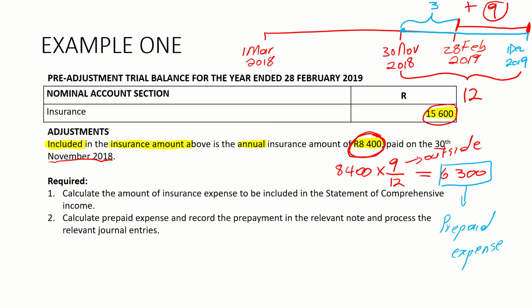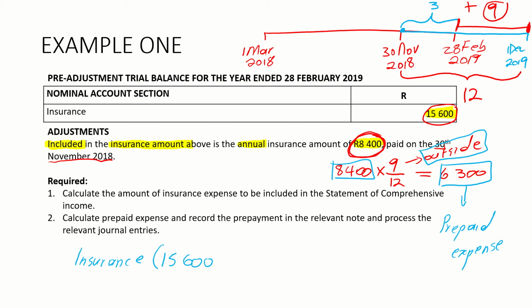Meaning that our total insurance amount of 15,600 must be adjusted. We only minus the portion of the 8,400 that falls outside the financial year.